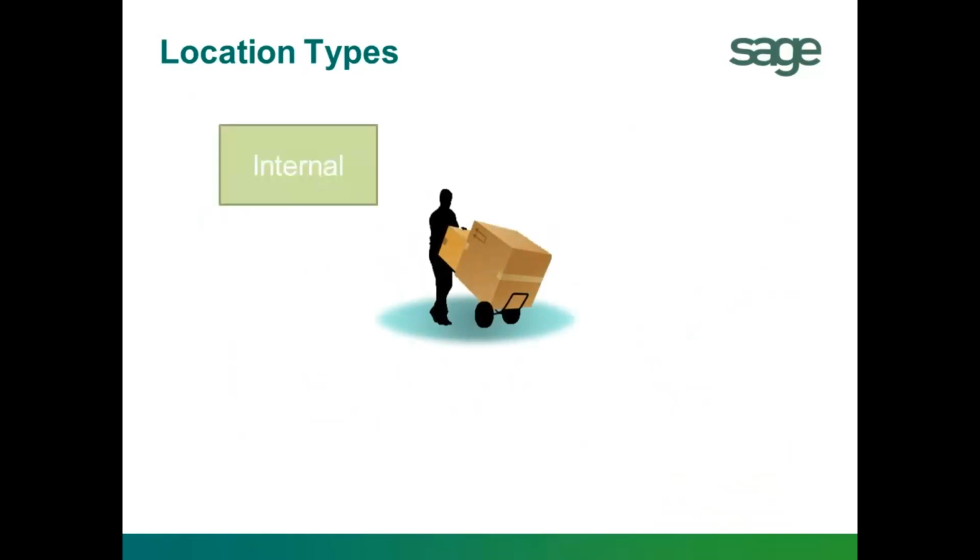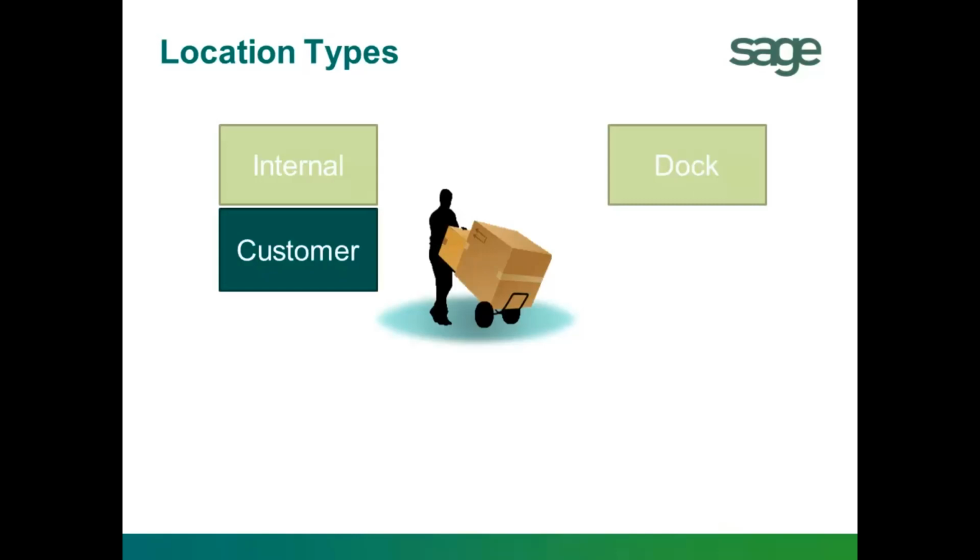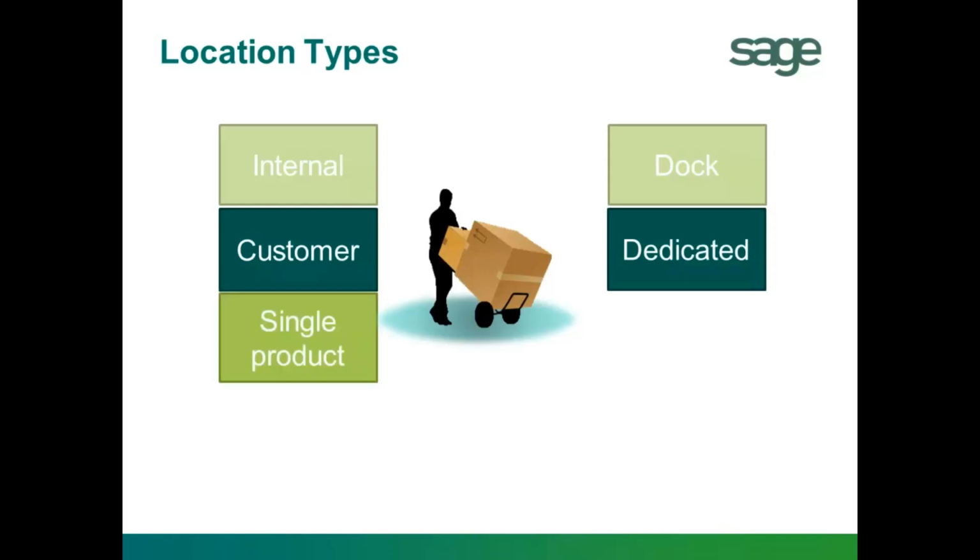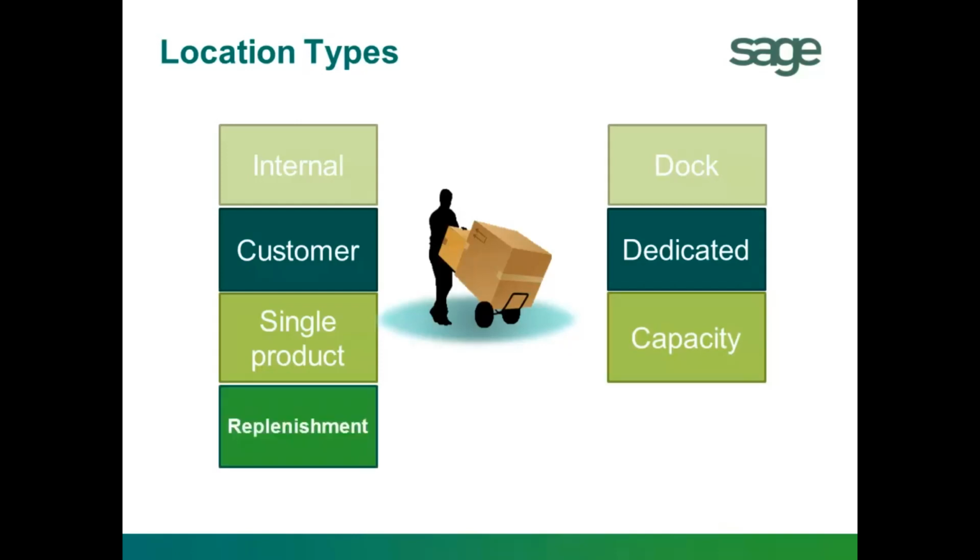That includes internal, typically used for normal locations; dock, awaiting storage, usually for receiving; customer, used to manage loan of goods to specific customers; dedicated, used for products specific to a location; single product, where only one product can be stored at a time; capacity, a location defined to manage its contents based on capacity characteristics defined; replenishment, which is taken into account by the replenishment workbench; and subcontracting, used to manage subcontracting stock.